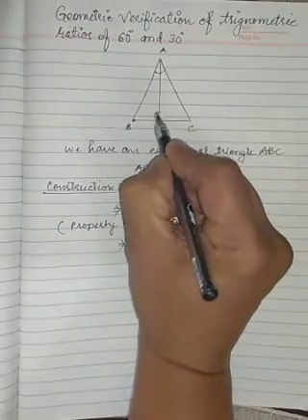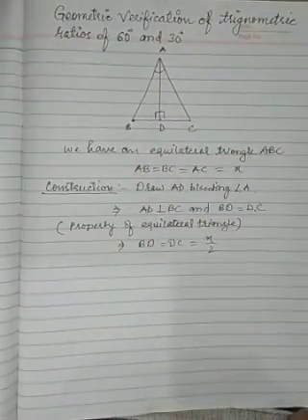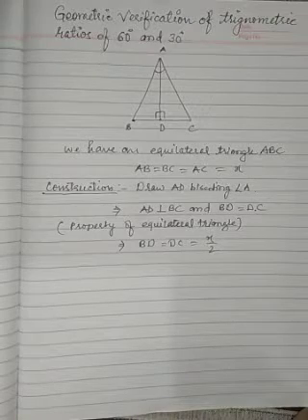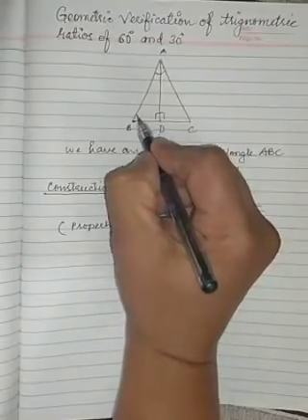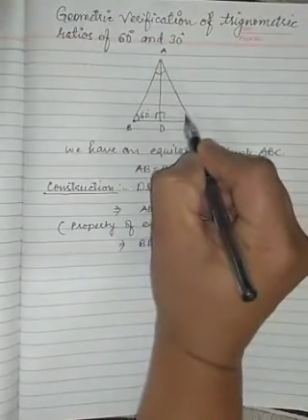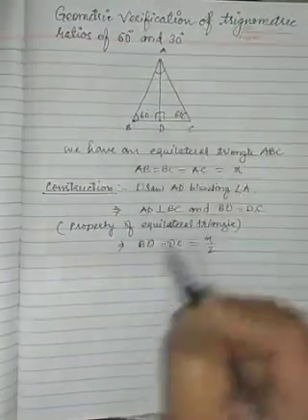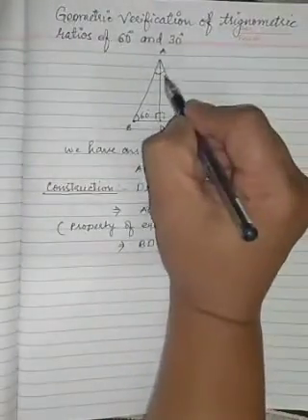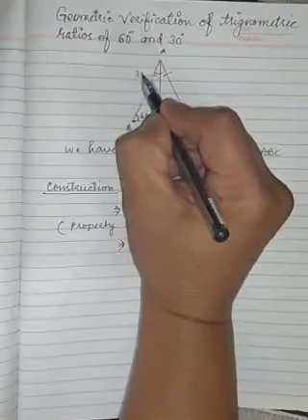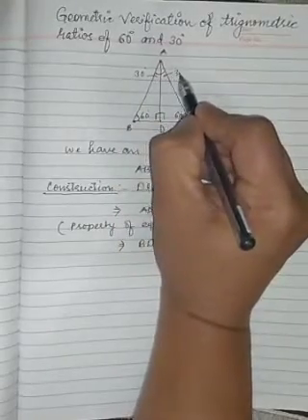Also, we will mark this angle D as 90 degree. Now as we know that in an equilateral triangle all angles are equal to 60 degree, and the angle A, which is bisected by construction, both the parts of angle are 30 degree each.